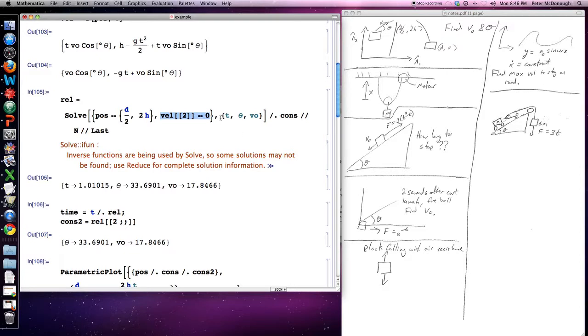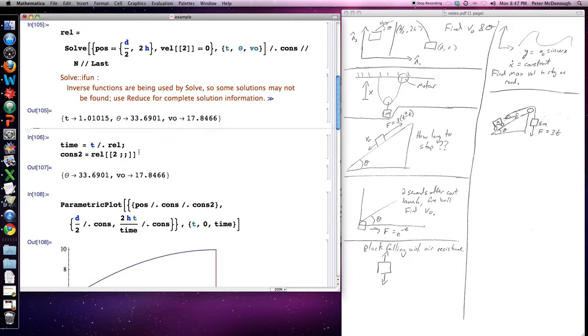All right, so once I get that, I'll solve for my t, my theta, and my v naught, and I get the following results. So t is about a second, theta is 33 degrees, and v naught goes to about 17.8 meters per second. Some other code: I want to be able to plot this with respect to time, so I need to pull this time out of this relation.